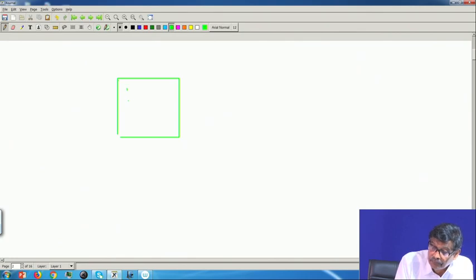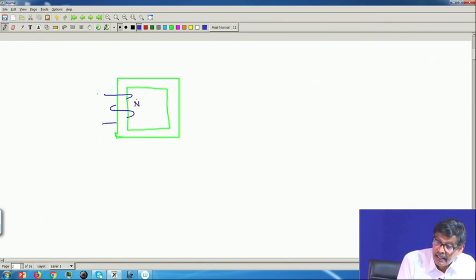So suppose this is the core of the material. Let me draw slowly. Okay. And suppose you have, let us consider a single coil, same magnetic circuit with n turns.